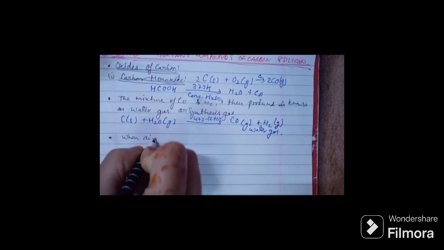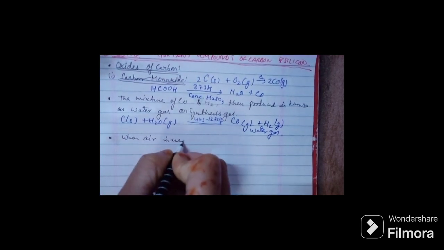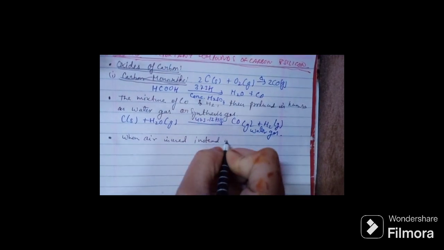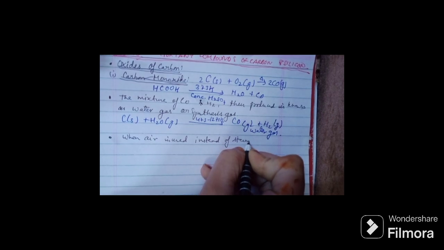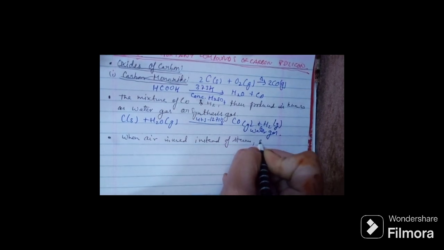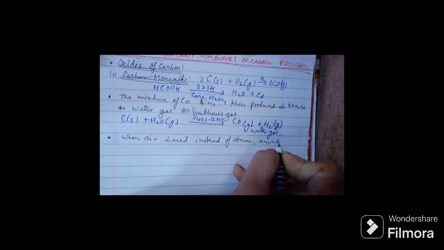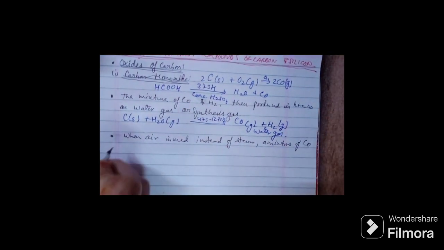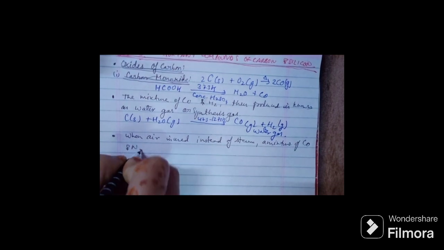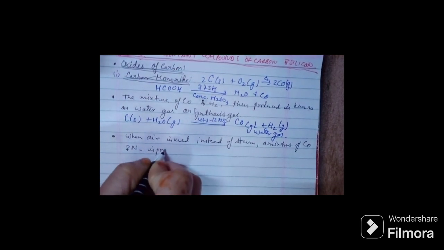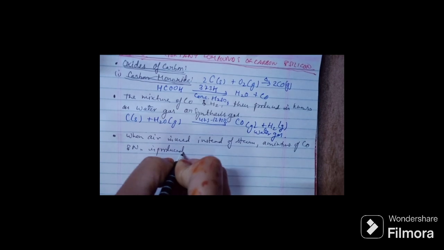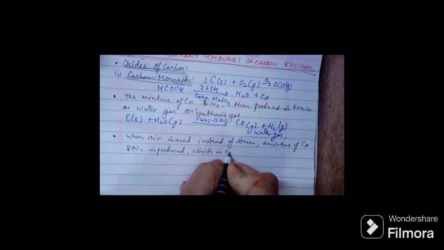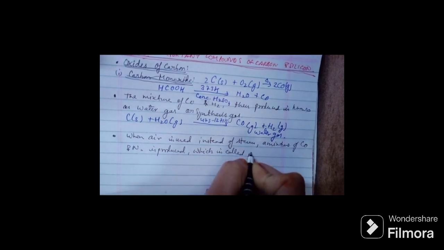When air is used instead of steam, a mixture of carbon monoxide and N2 is produced, which is called producer gas.